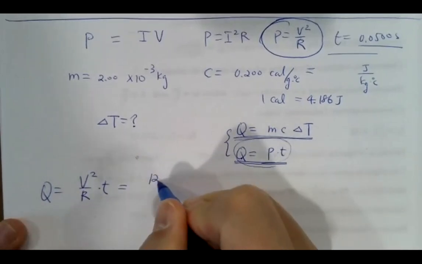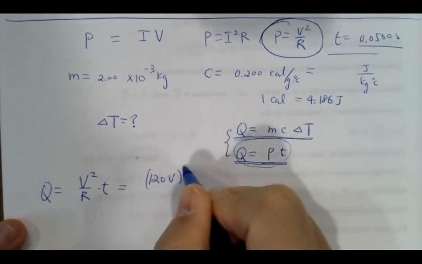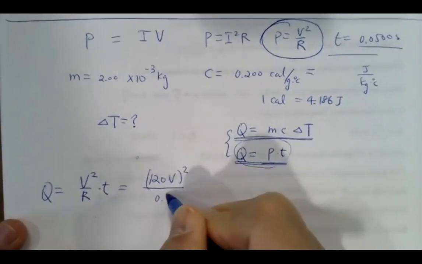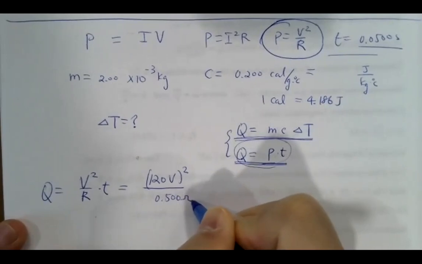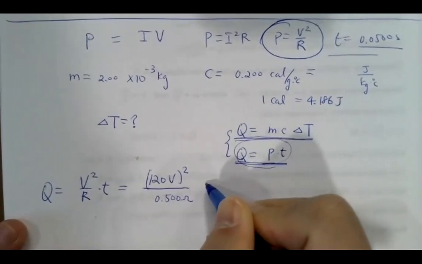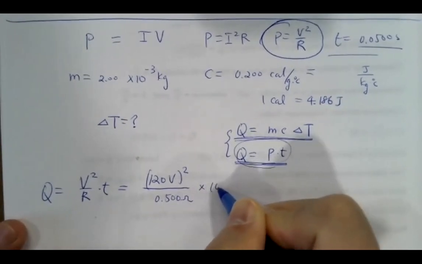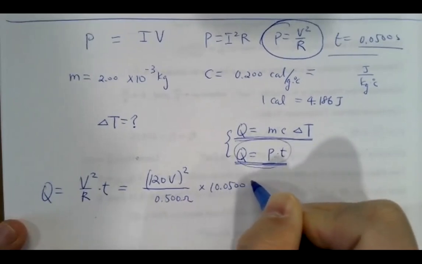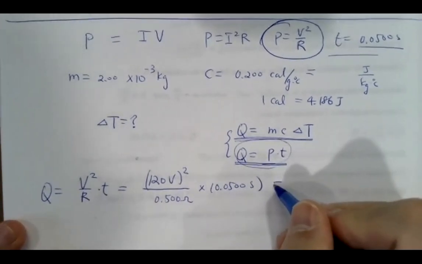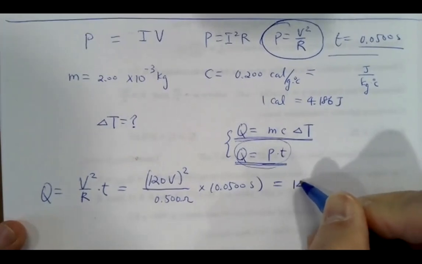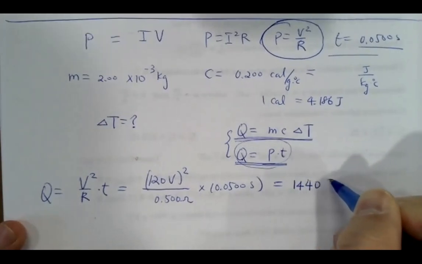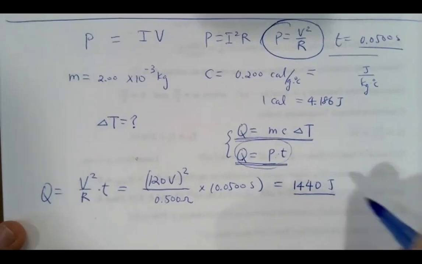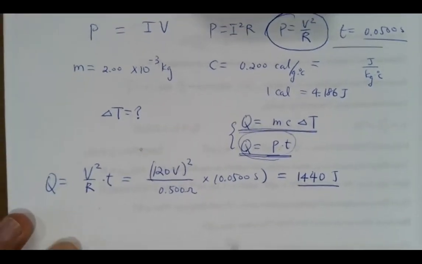So 120 volts squared divided by 0.500 ohms times the 0.05 seconds will give you 1440 joules of heat being generated in that time period.